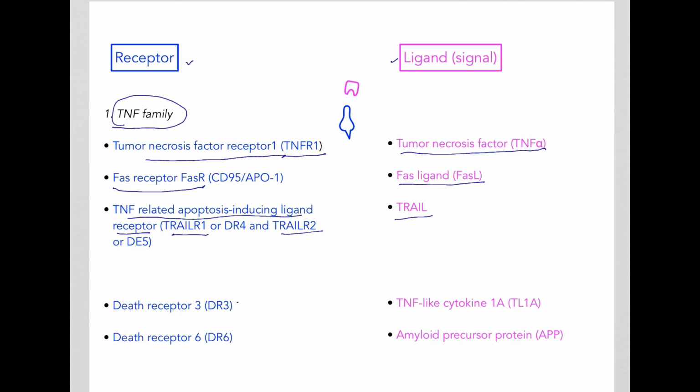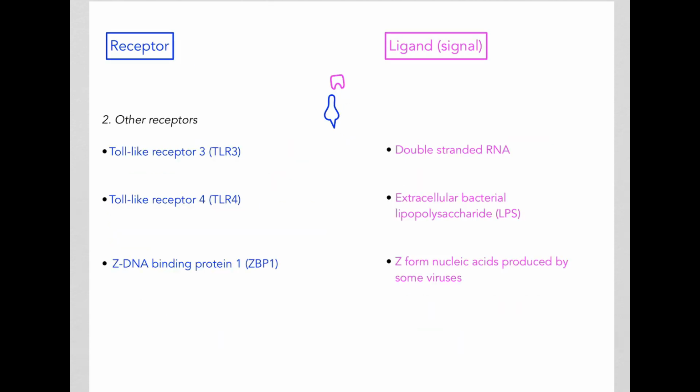We have then the death receptors like DR3 and DR6 that bind ligands like TNF-like cytokine A, and amyloid precursor protein or APP. Then we have other receptors that are involved in apoptosis. Toll-like receptor 3 binds double-stranded RNA.